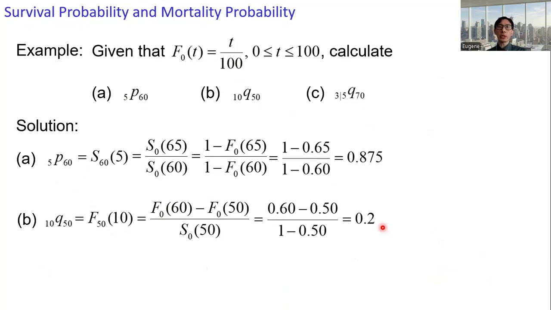All right, and then part C, 3 bar 5 q70. A person at age 70 survived to age 73, survived for 3 more years at least, but died within the following 5 years, starting from age 73. So that is a person survived to 73, but died before reaching age 78.